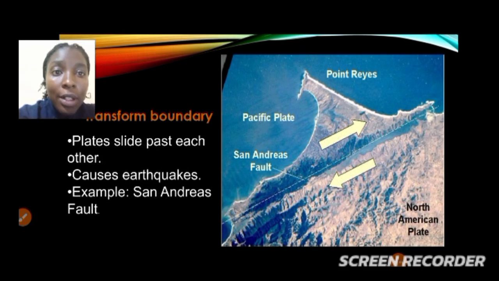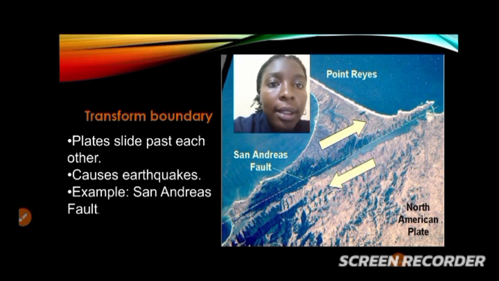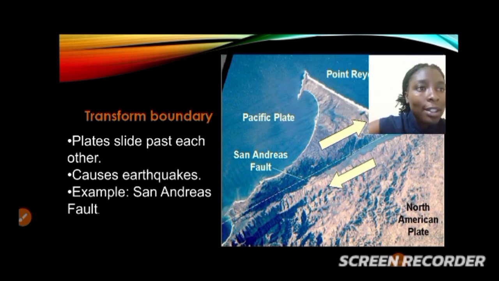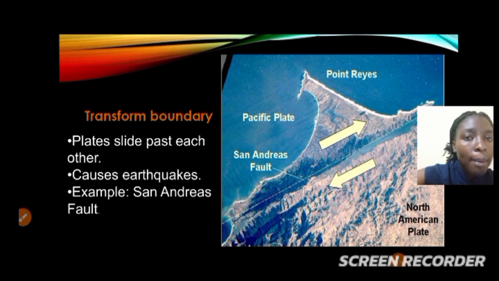And we have the transform boundary. On the transform boundary, we said plates move past each other. We talked of the shear force. Do you remember the shear force? It's also the same as this transform boundary.